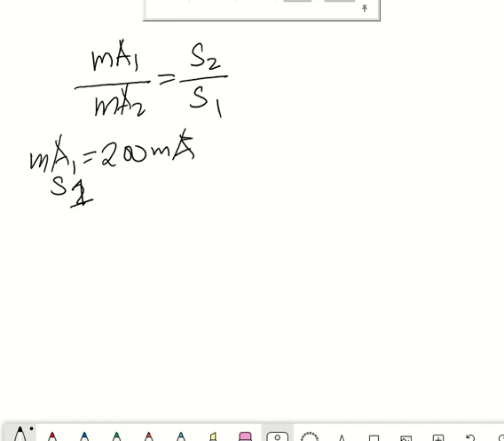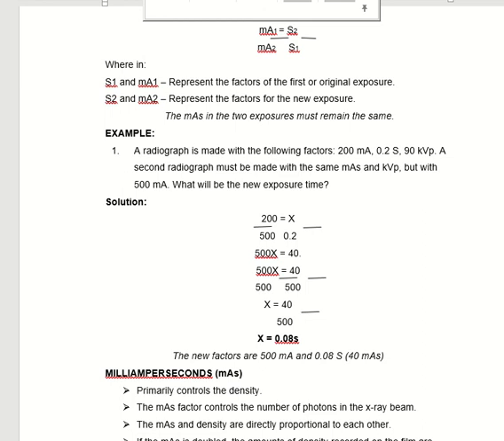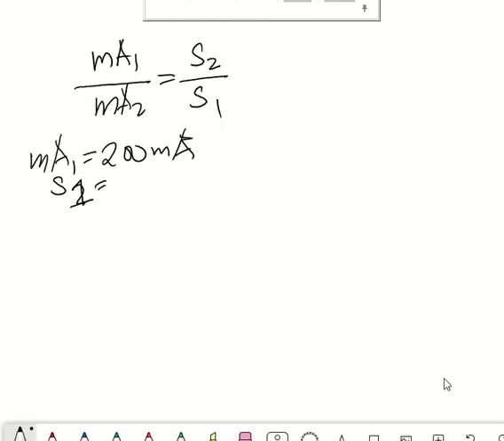S1 is 0.2 seconds. mA2 is 500 mA. And we are looking for S2.